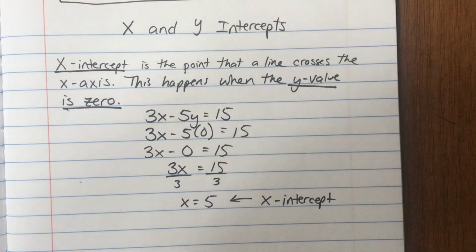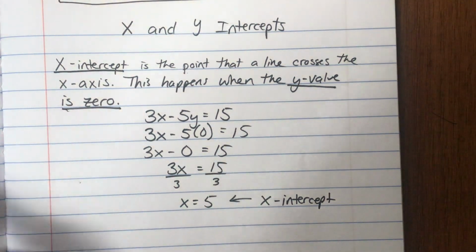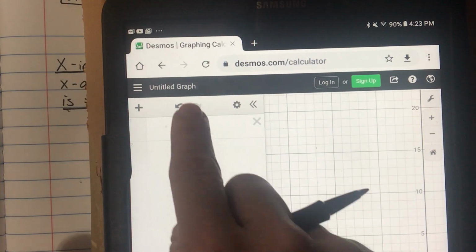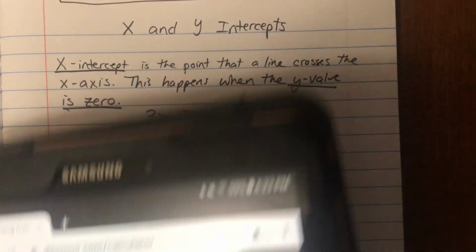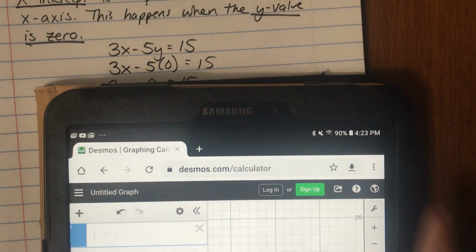And on a graph, of course, let me bring up Desmos here. The equation, of course, was 3x minus 5y is equal to 15, and I don't even have to do anything with 0 if I'm typing it in here.